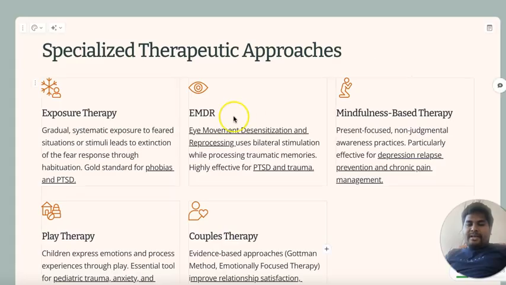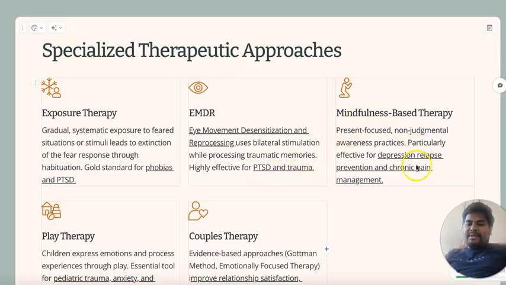So there are other therapies like exposure therapy, which I said earlier, systematic desensitization is an exposure therapy also. So used for phobias and PTSD. There is another called EMDR, which stands for eye movement desensitization and reprocessing. So this is used for PTSD and trauma.